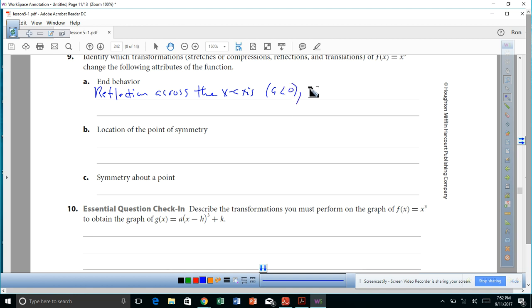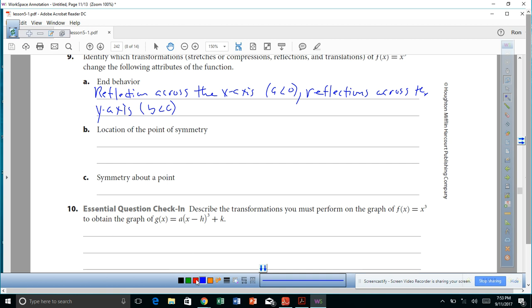Reflections across the y-axis, and that's going to be b is less than 0. Those two change the end behavior.